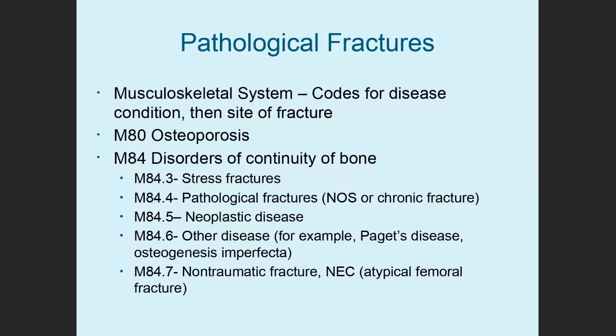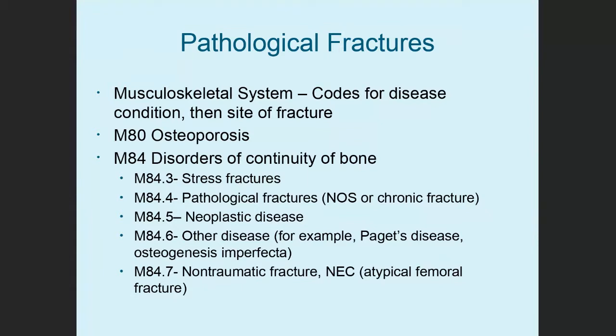Okay, let's move on to pathological fractures, fractures caused by disease. These are in the musculoskeletal system chapter. In the alphabetic index, find fractures, pathological, due to, or fractures, pathological, and then the specific bone involved. Code first for the disease and then the location of the fracture.